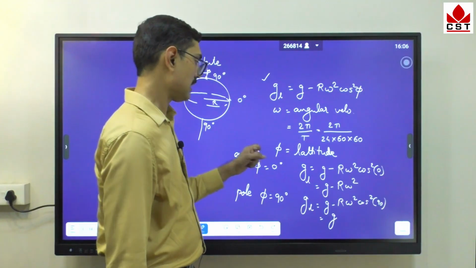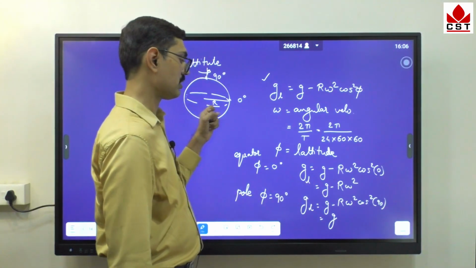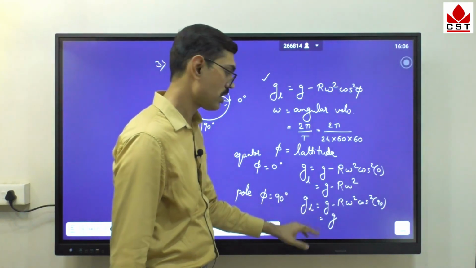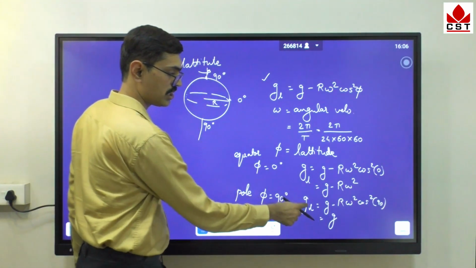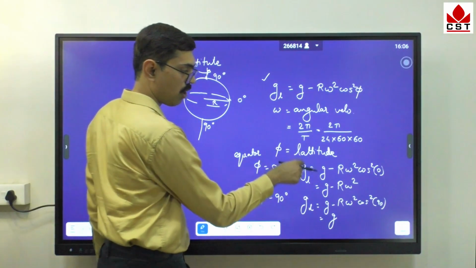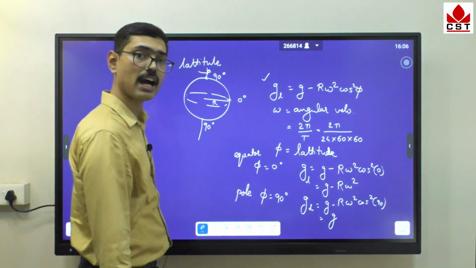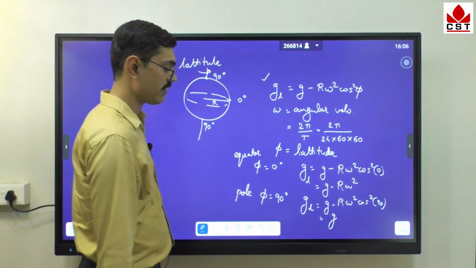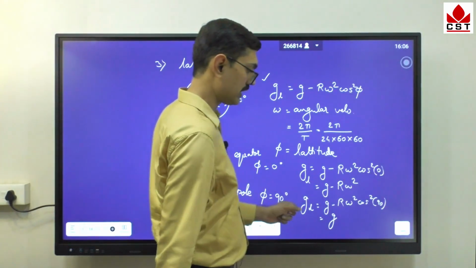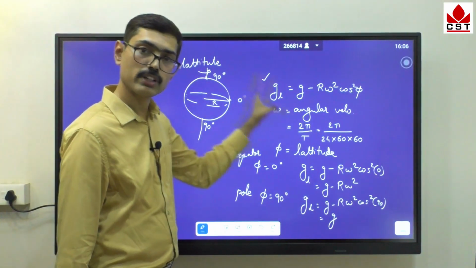This means the acceleration due to gravity has the least value at the equator and the maximum value at the poles. So g is maximum at the pole, which is small g, and at the equator that value is g minus r omega square. Okay, so we have completed the main theoretical part here.